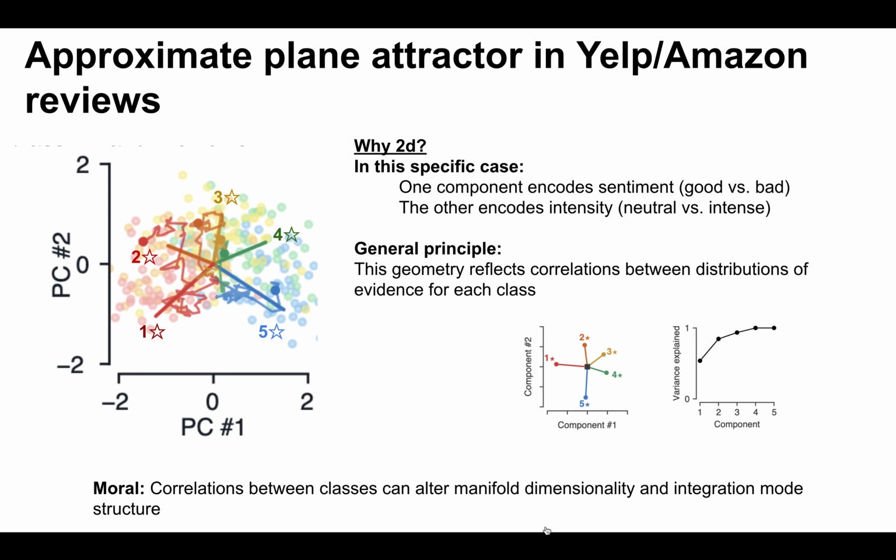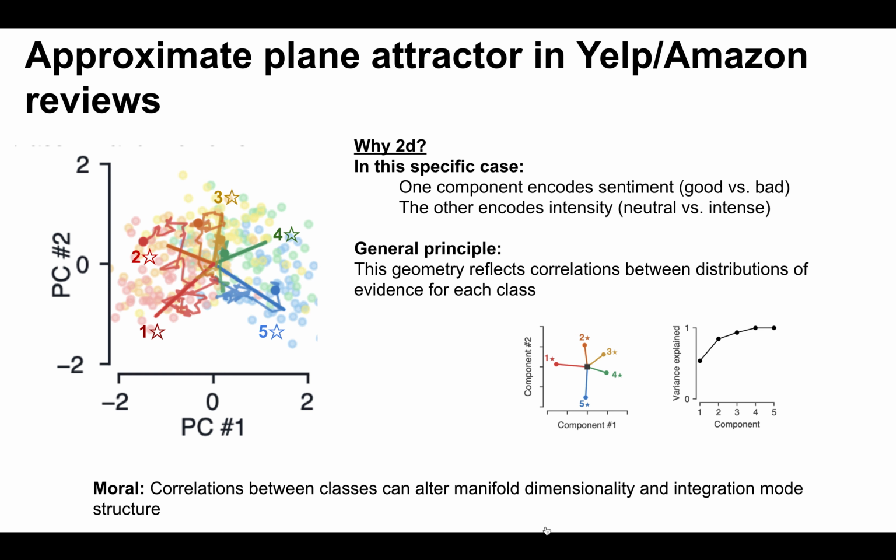Now, this same principle holds for ordered classification, except in this case, the network doesn't actually need to keep track of the full n-1 dimensions. So in this case, here we have a 5-star classification network for either a Yelp or Amazon review, but because of the ordering, it turns out that the network only needs to keep track of two properties of words, which in this case roughly correspond to valence, that's good or bad, and intensity, which is neutral or intense.